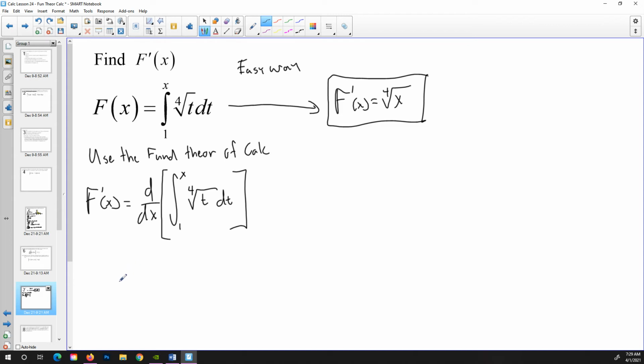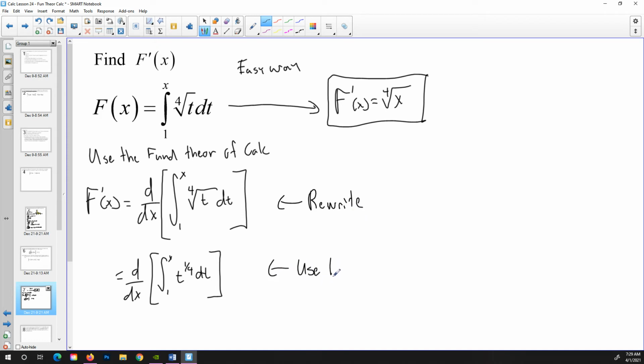All right, so what does that mean? Well, d over dx, we're going to leave that alone for a moment. And I'm going to rewrite. So we'll have t to the 1/4 power, so that I can use the simple power rule on it. Here we want to use the simple power rule.